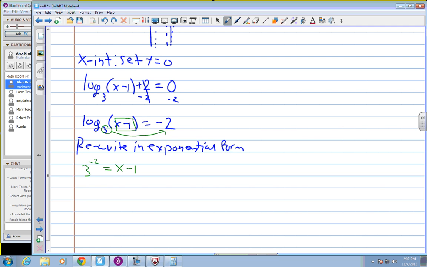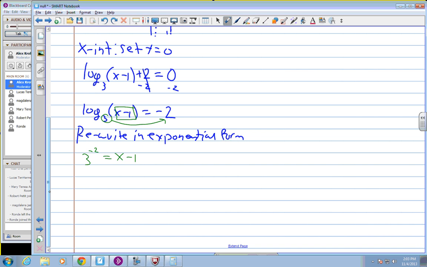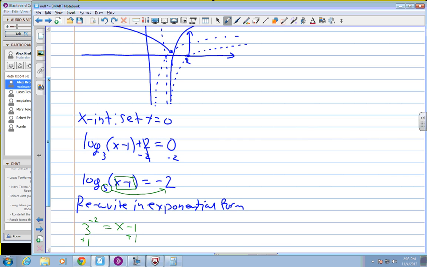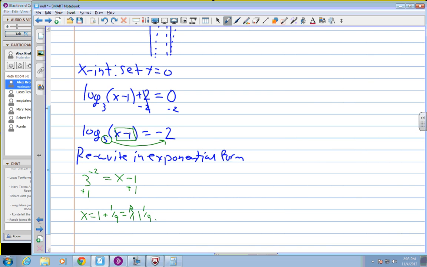Our equation turned into a linear one, and we can easily solve for x. If I add 1 to both sides, I get x equals 1 plus 1/9, or 1 and 1/9. So just slightly greater than 1, as expected. That will be the x-intercept.